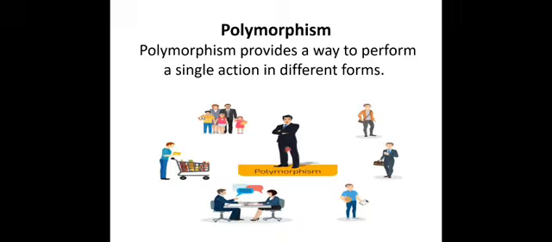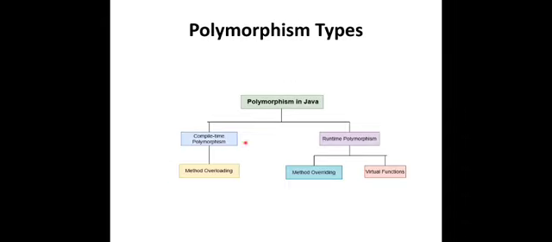So it is called polymorphism. There are two types of polymorphism. The first one is compile time, the second one is runtime. Compile time is also called method overloading. Runtime is divided into method overriding and virtual function.